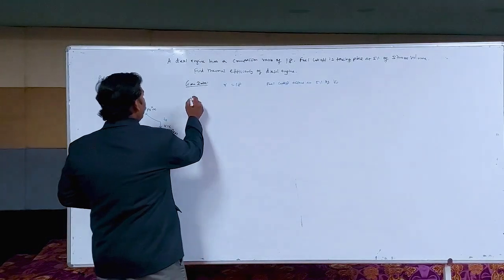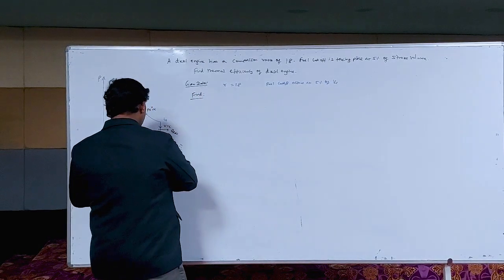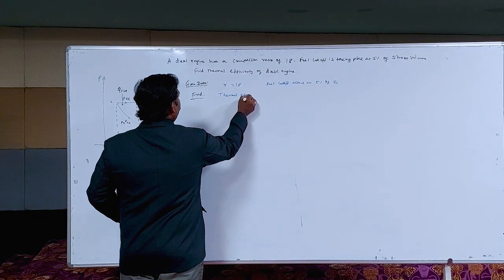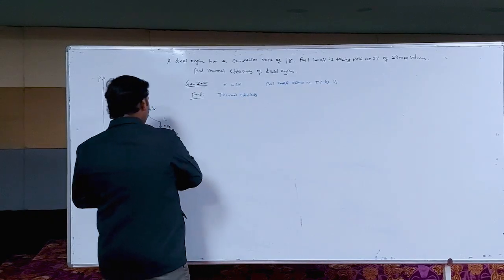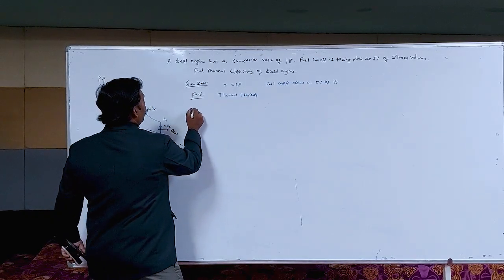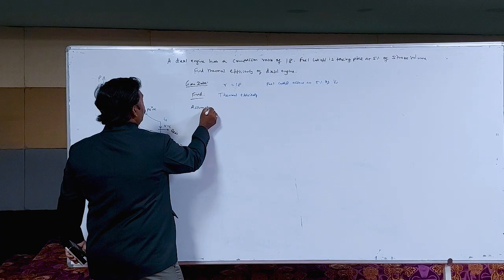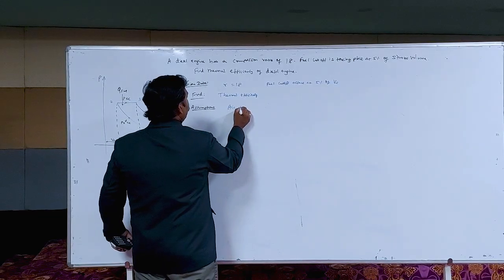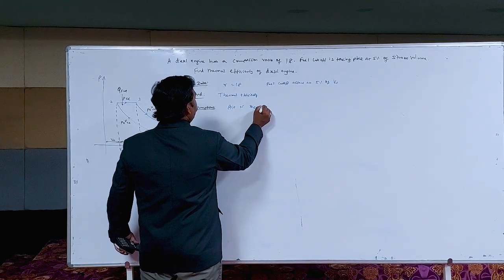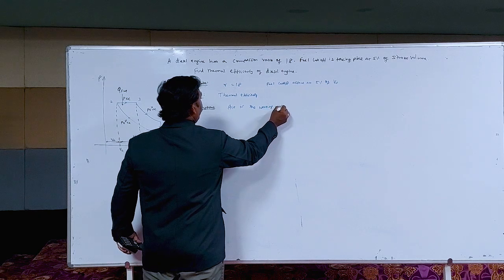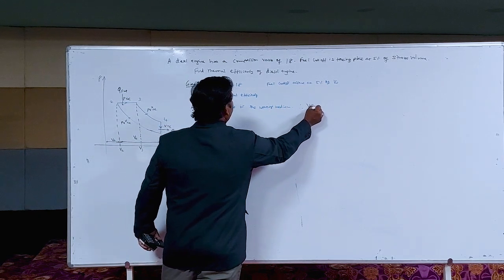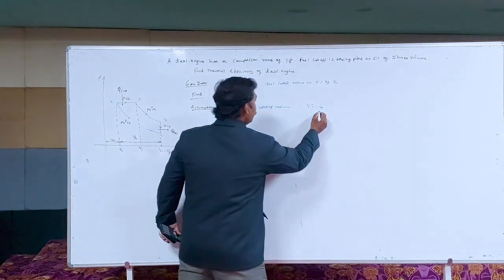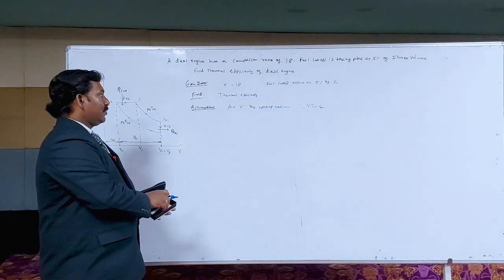So we have to find thermal efficiency. And the assumption is air is the working medium. Therefore, gamma is equal to 1.4. Now, we will solve this problem. Solution.